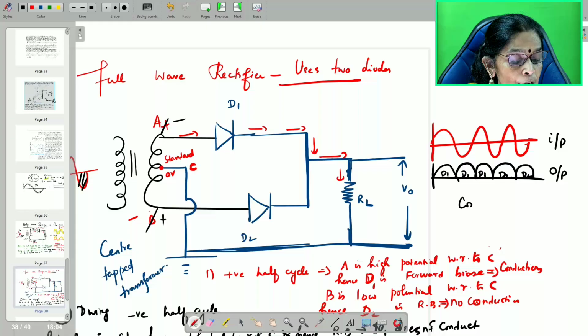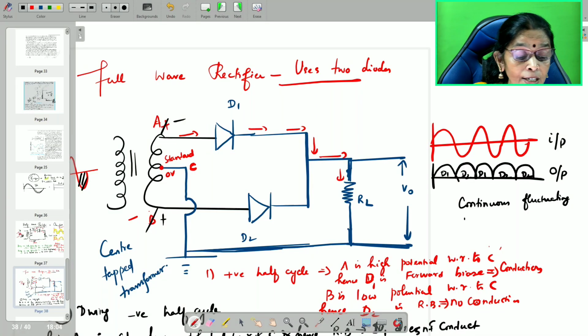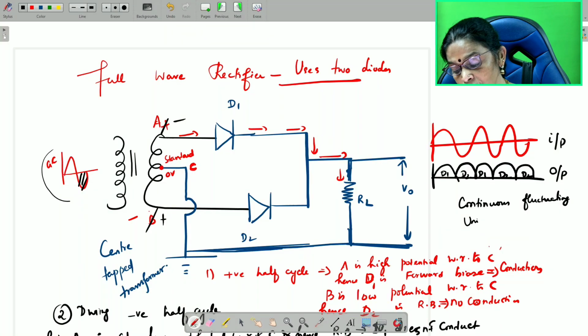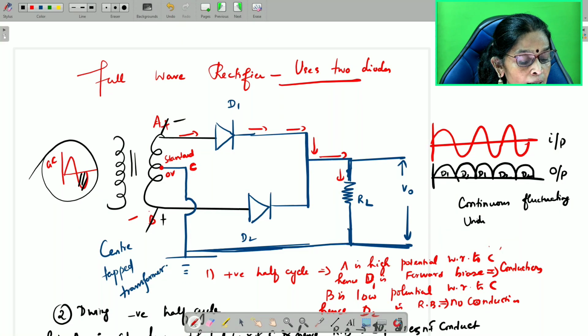So you get a continuous, fluctuating, unidirectional output. The input is bidirectional, see here it is bidirectional, but here you get unidirectional output. Unidirectional means DC output, but it is fluctuating.